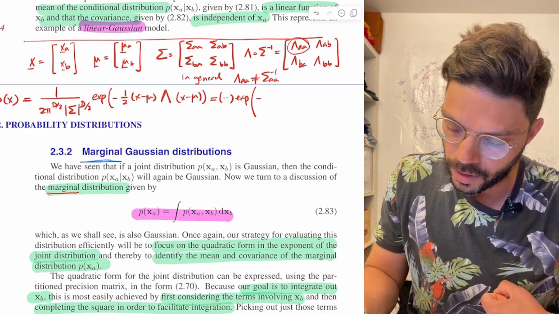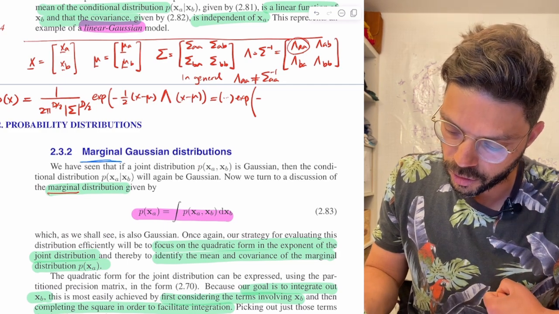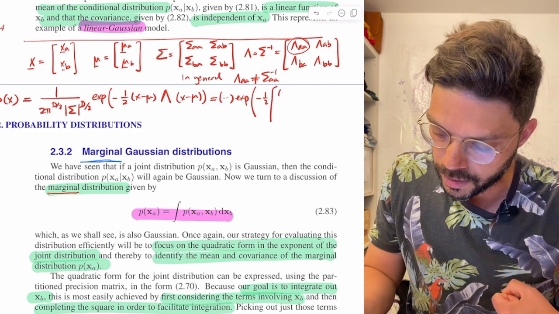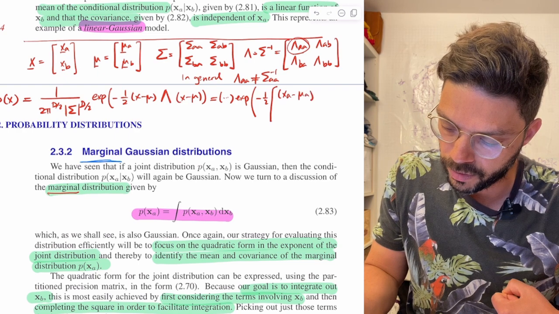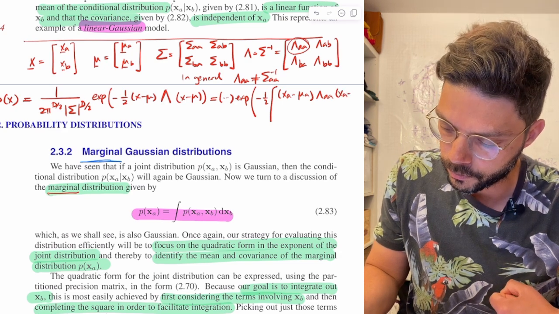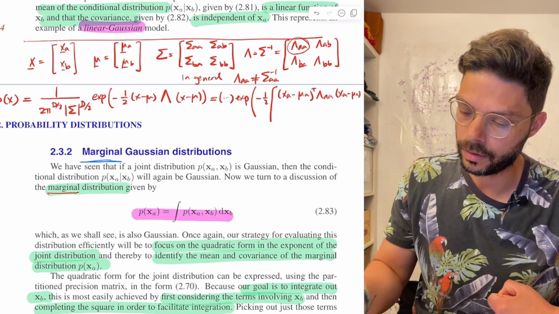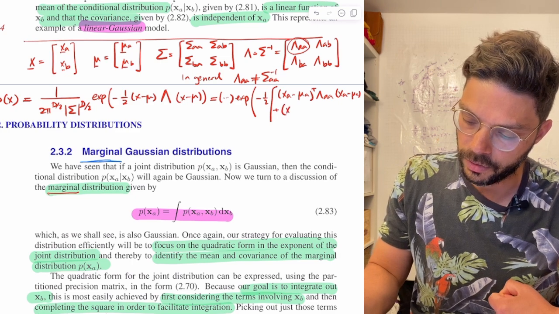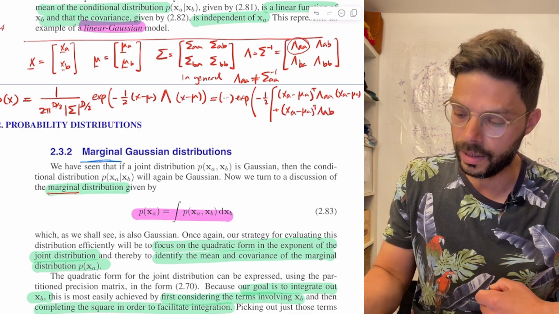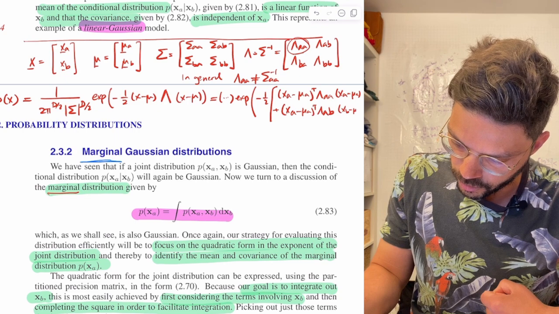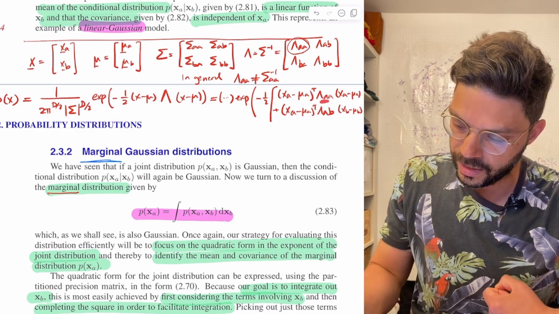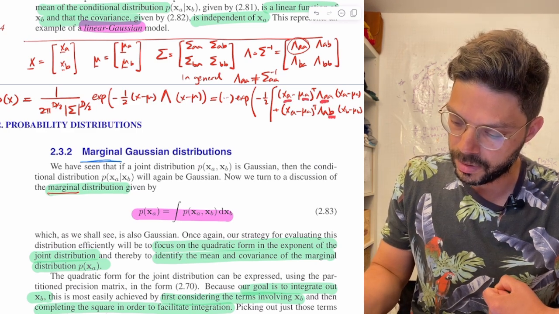If you expand it out, it's going to be minus 1/2 times 4 parts: X of A minus mu of A transpose lambda AA, X of A minus mu of A, plus X of A minus mu of A transpose lambda AB, X of B minus mu of B. You can check that you're doing things properly, because the A's match up with the A's and the B's match up with the B's.